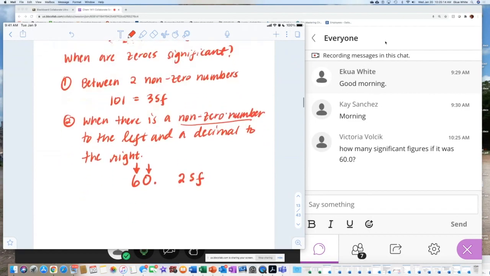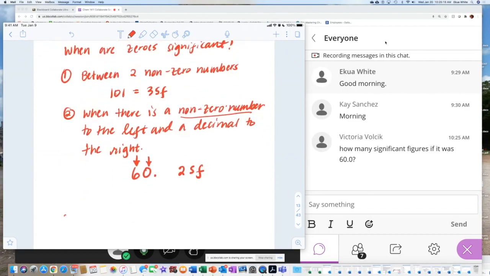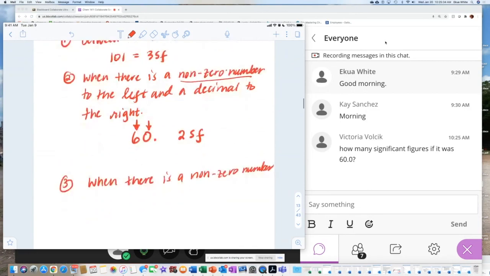Okay, so let me add the third rule, and then I'll answer Victoria's question. So the third rule is when there is a non-zero number to the left and a decimal to the left.